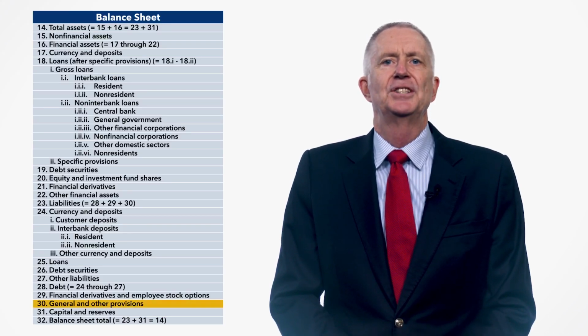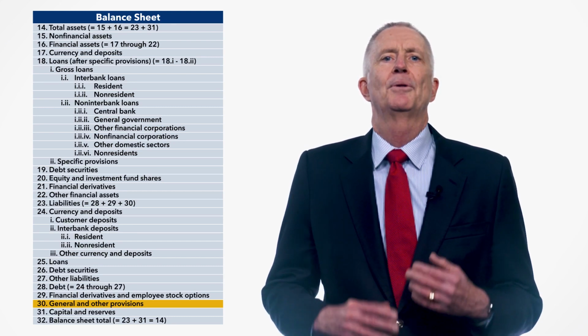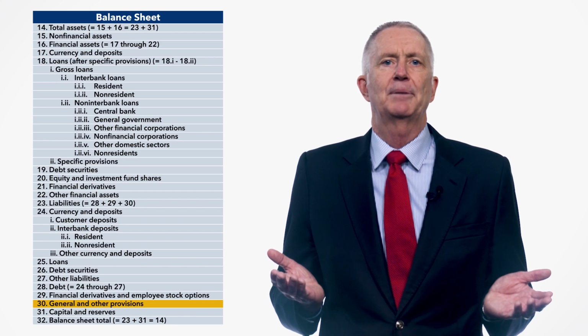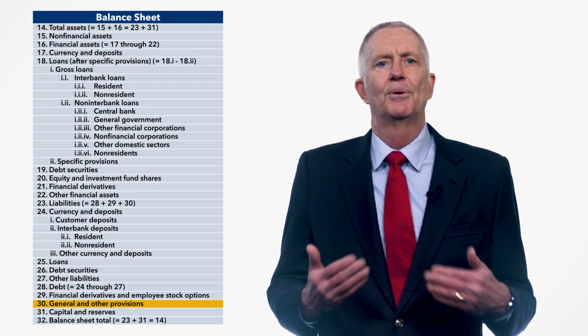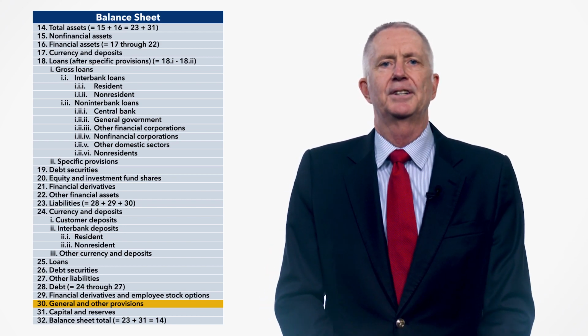General and other provisions, line 30, should be presented as liability items even though they are internal accounts to reflect potential future losses rather than obligations to creditors. Specific provisions reduce the net value of the asset on the balance sheet.